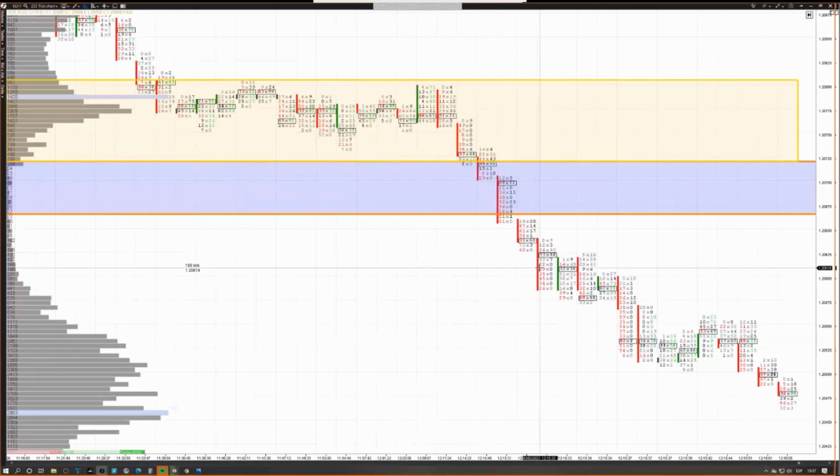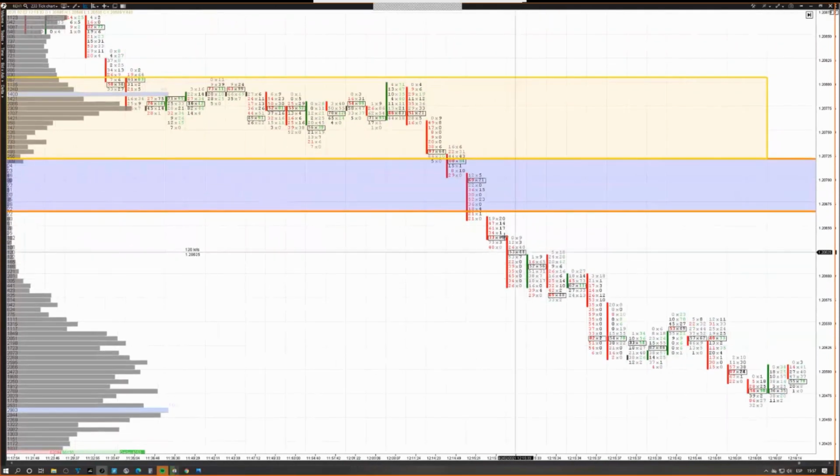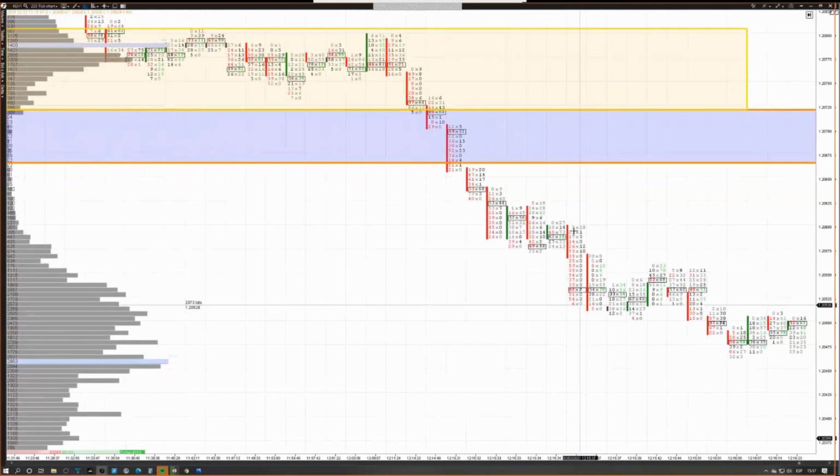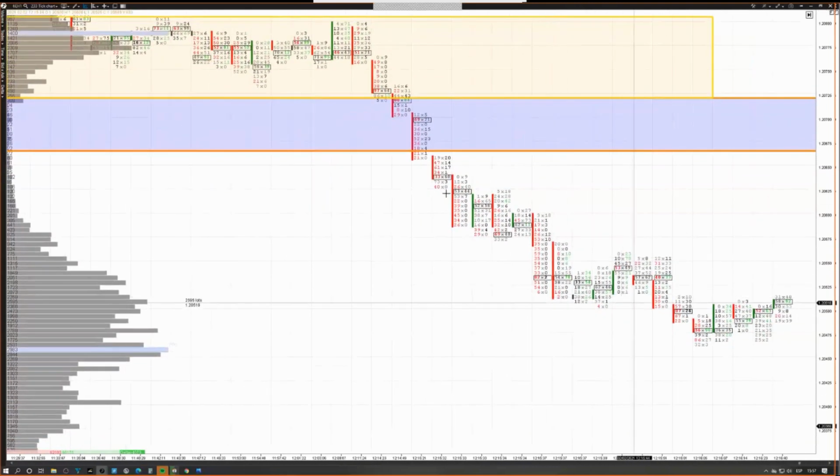You see the zeros on the right side of the column, and then it stops for a while. There were a lot of buyers and sellers here, and then once again, wow, a lot of selling, no buying at all. So that's what initiated this downward movement.